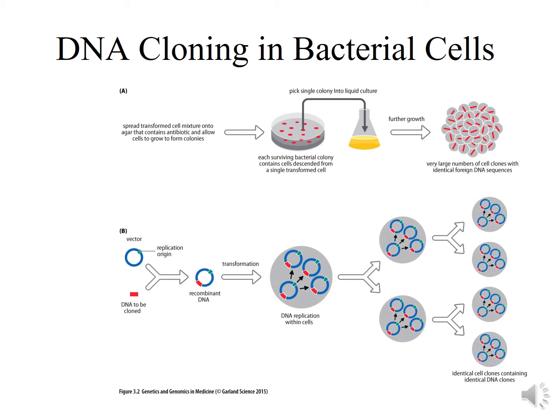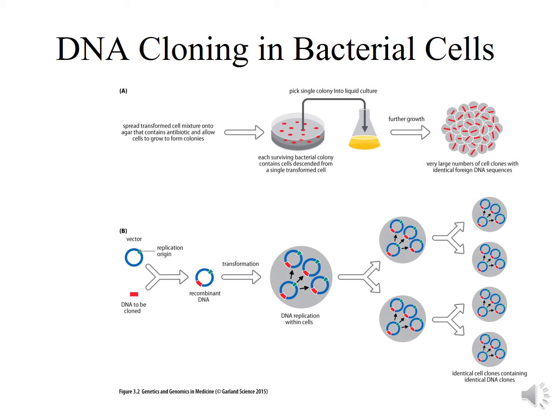DNA cloning in bacterial cells, DNA copy number amplification and separation of clones from different transformed cells. For a cell transformed by a recombinant DNA molecule, an increase in the cell number leads to a proportional expansion in copy number of that recombinant DNA.